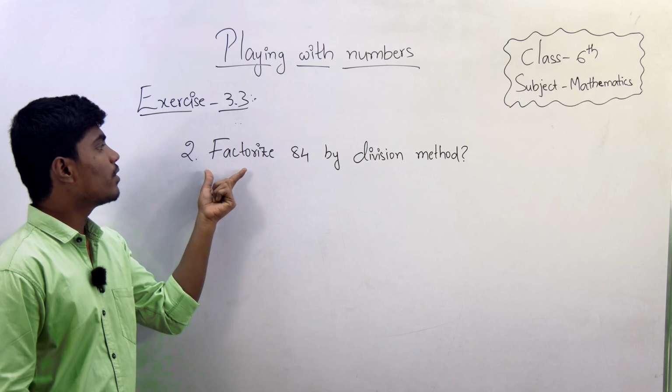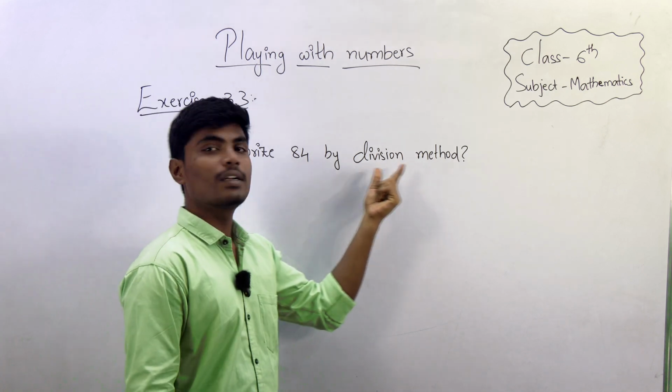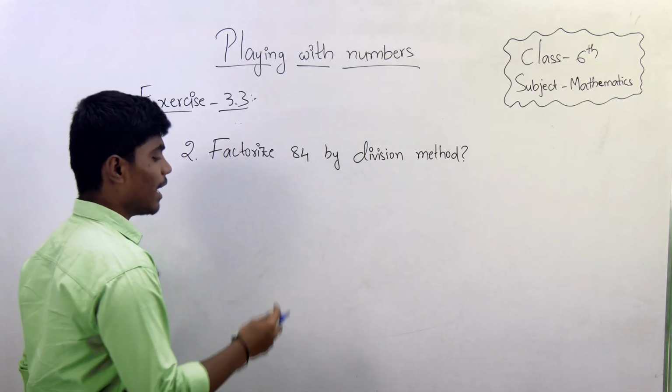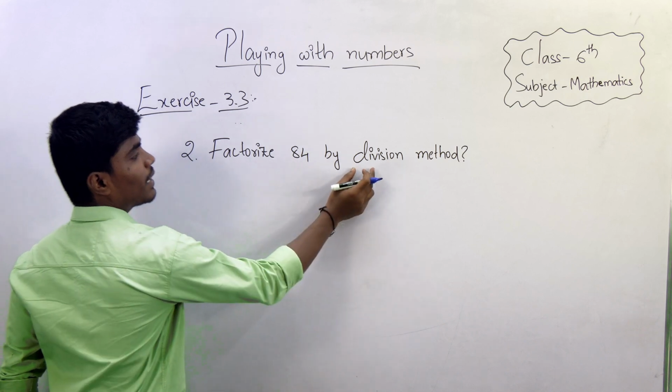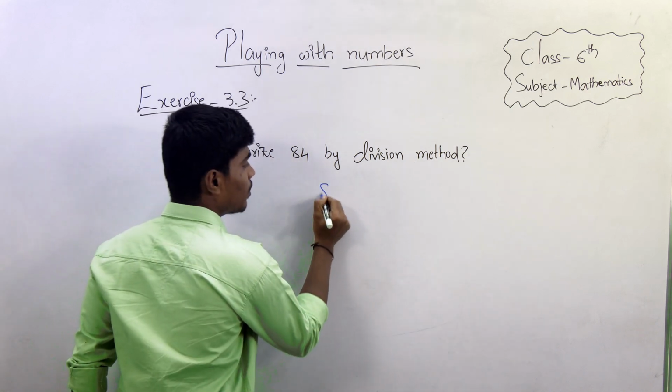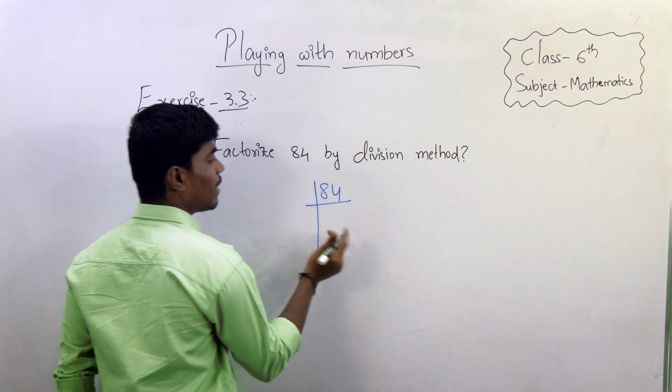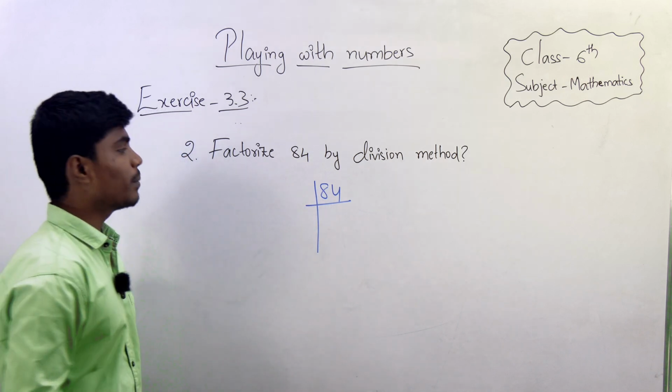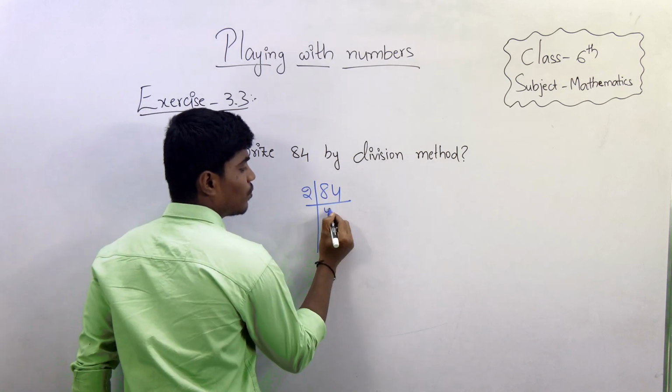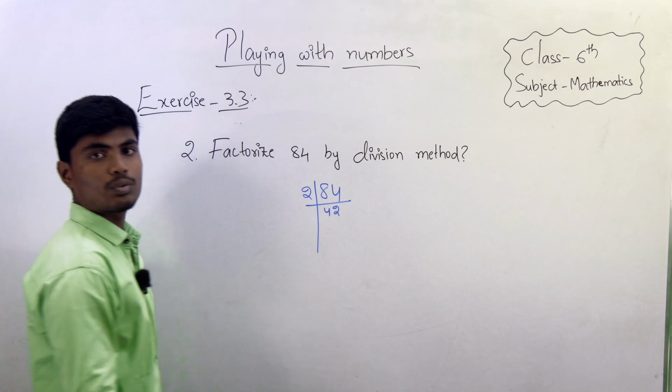Now the second one: factorize 84 by the division method. We have to start from the lowest prime factor, so 2. 2 fours are 8, 2 twos are 4, giving 42.